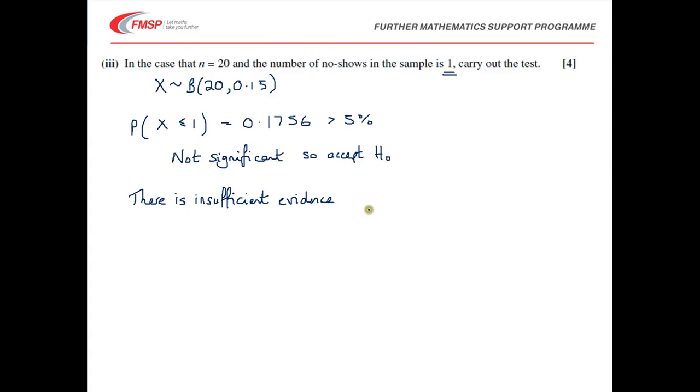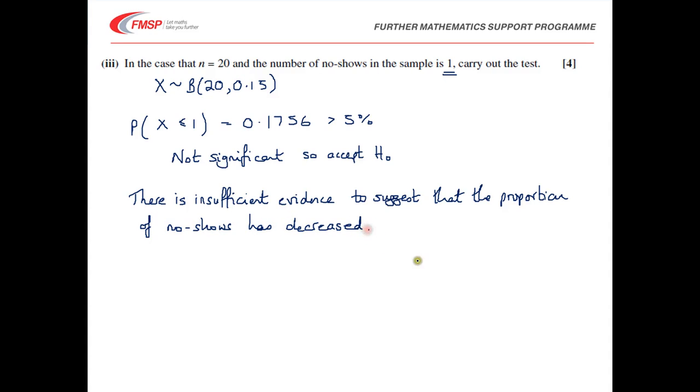So we say there is insufficient evidence to suggest that the proportion of no-shows has decreased. It might have done, but actually you could have got that result with natural variation with the overall probability remaining unchanged at 0.15.